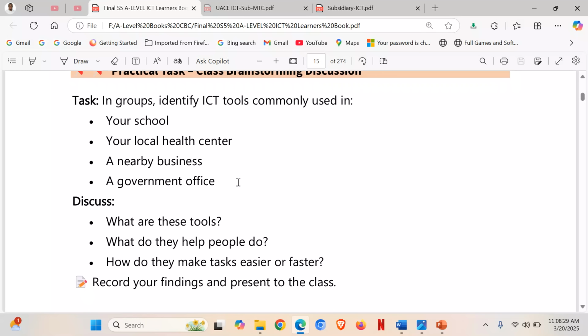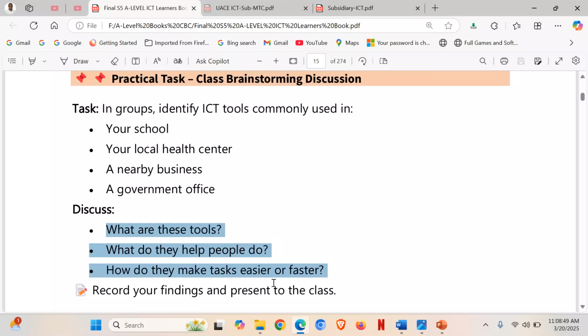So here, you are going to discuss what these tools are, what they help people do, and how they make tasks easier or faster. Record your findings and present to the class. This is the practical task, class brainstorming discussion.